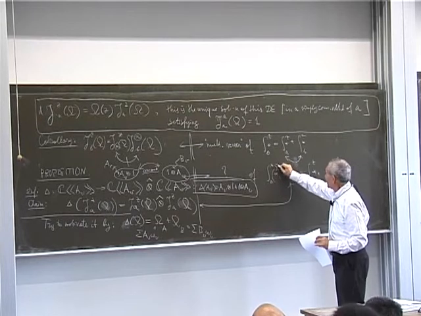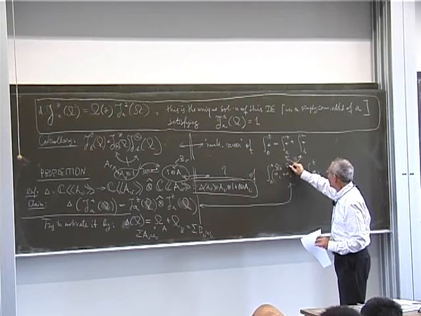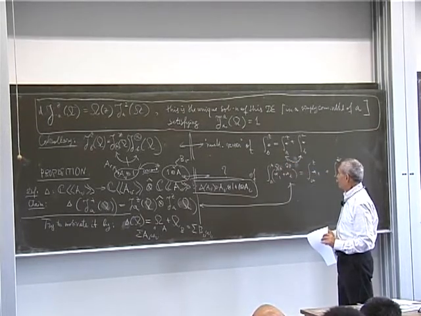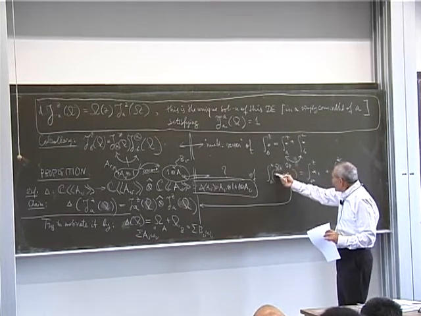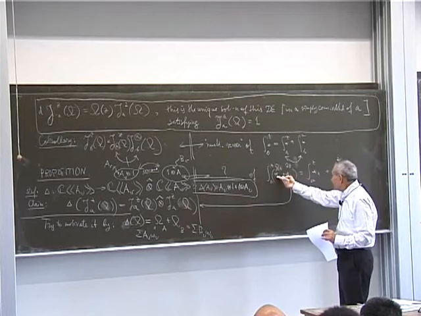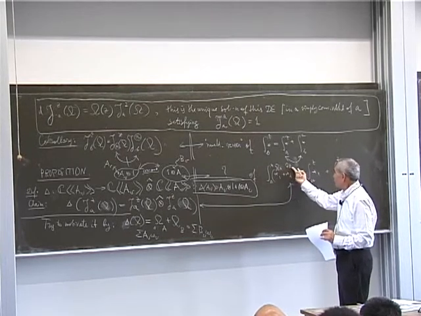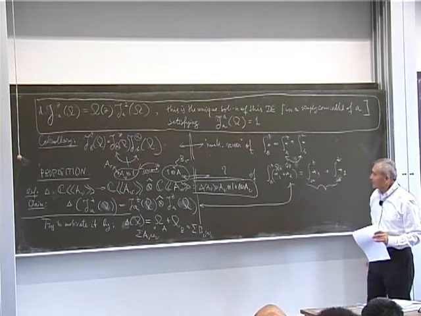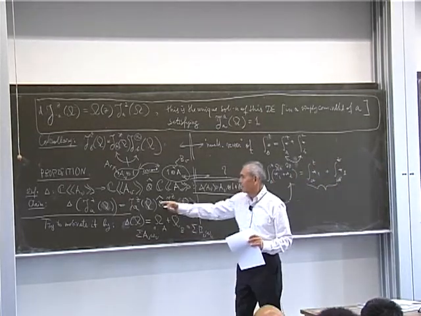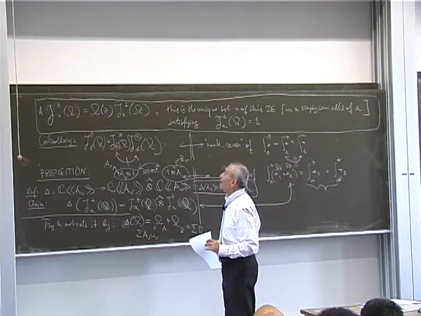Here I replace by omega A, and here I replace by omega B. And the condition is that now these commute in the usual sense. The coefficients A and B commute in the usual sense. And then this sum is replaced by this product.